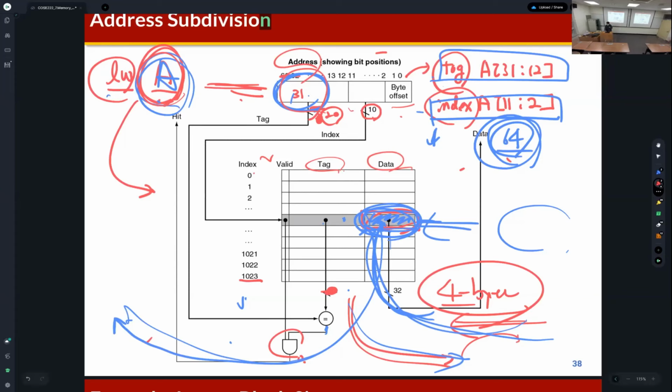The cache also requires control bits. In this example, the cache has one valid bit per block. This valid bit is required for checking the validity of the stored block in the cache.